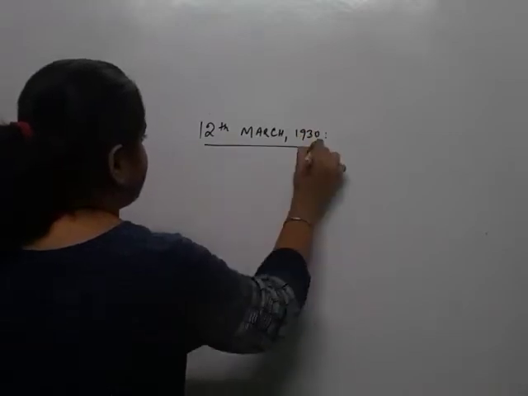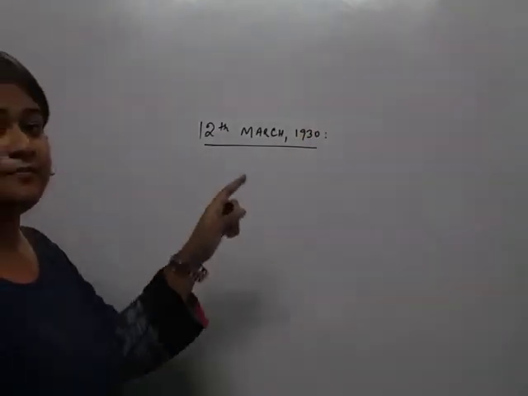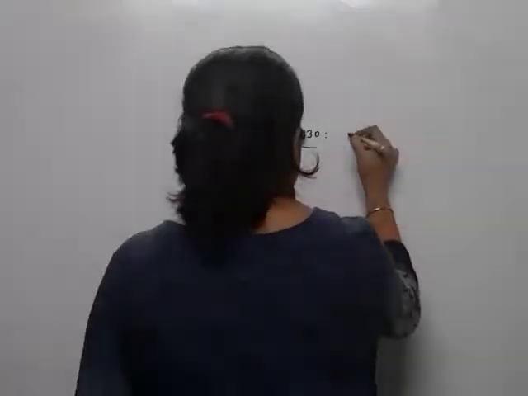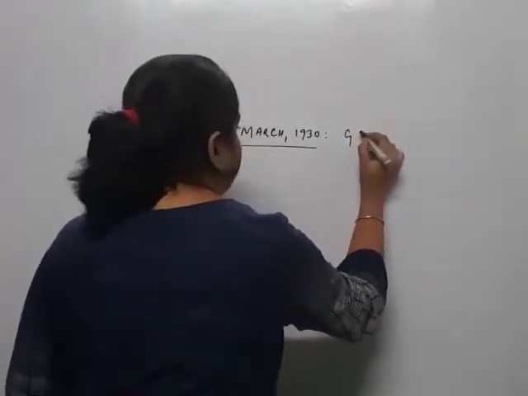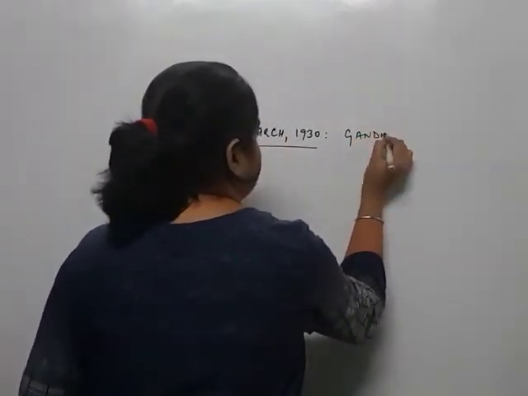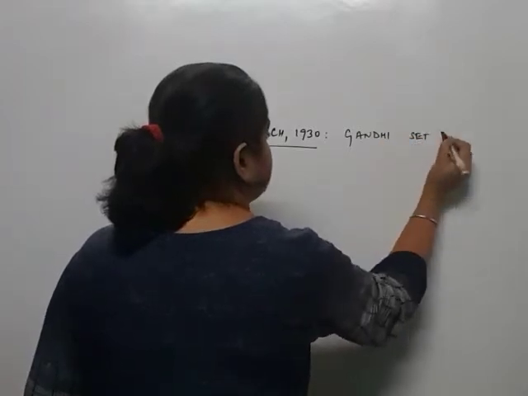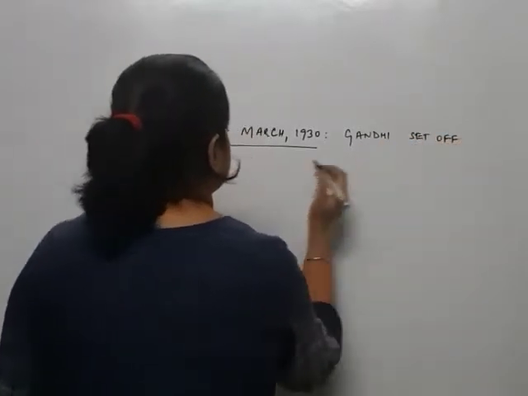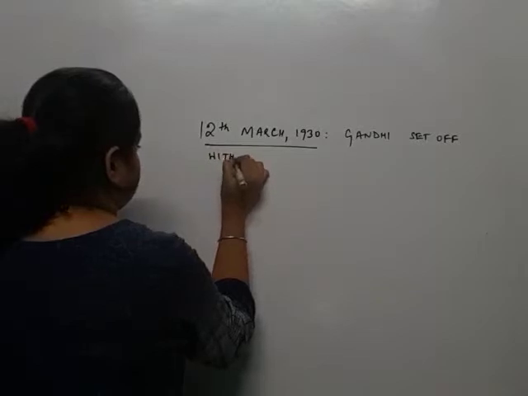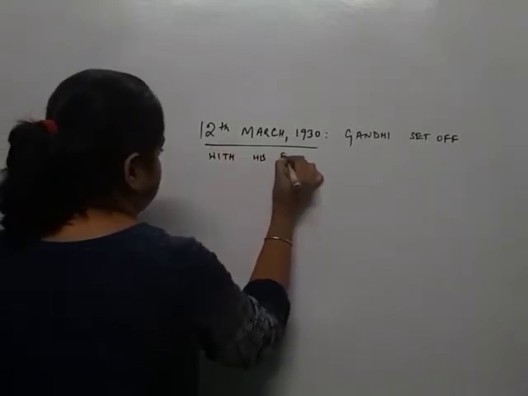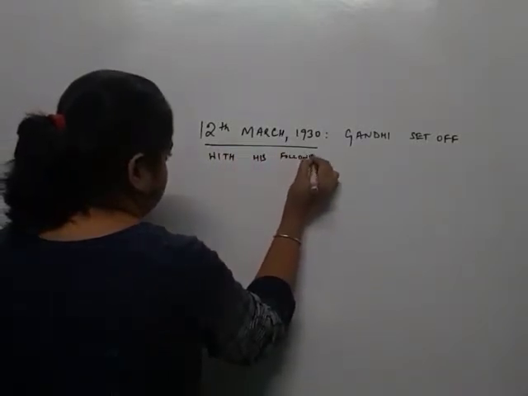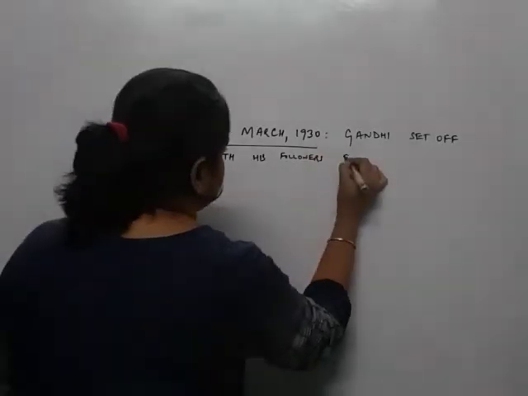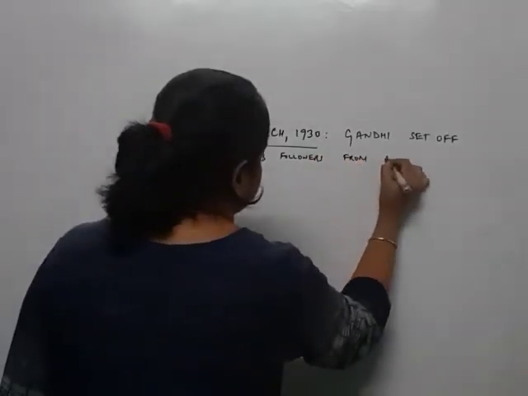I repeat, this is a very important date. 12th of March 1930, Gandhi set off with his followers from Sabarmati Ashram.